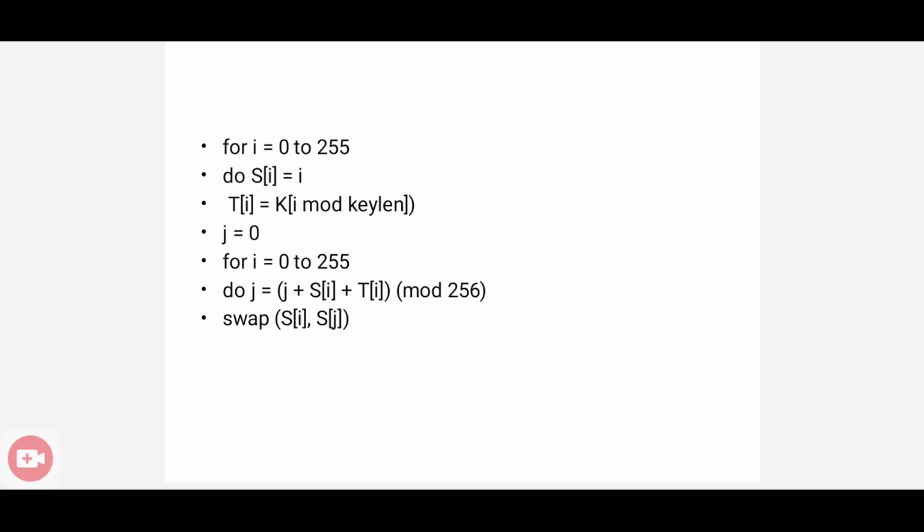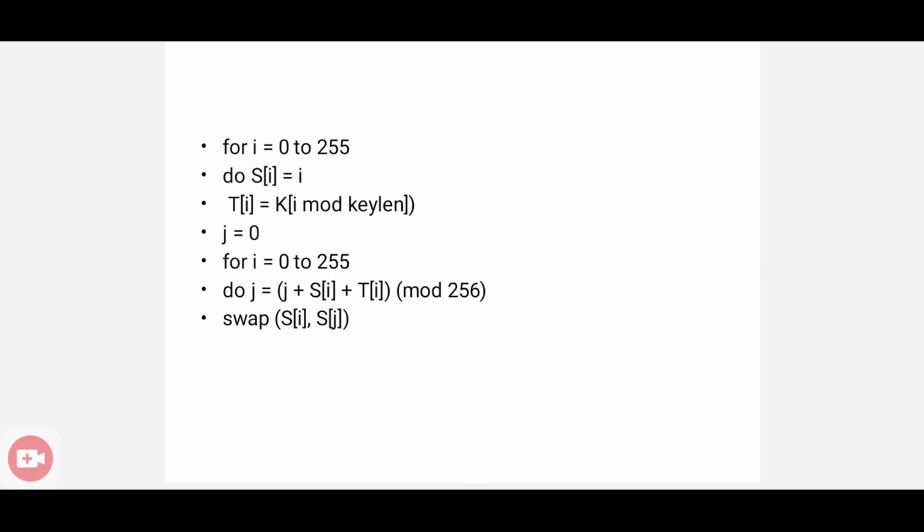Then what is the value of j? j equals j plus, the initialized value of j is 0, so 0 plus S[0] plus T[0]. Take the value of S[0], take the value of T[0], add them with j equal to 0, and then we get the result. Then mod 256, and that is j.